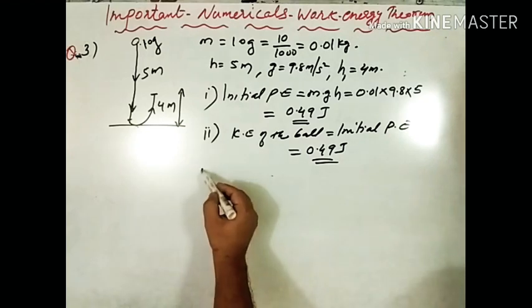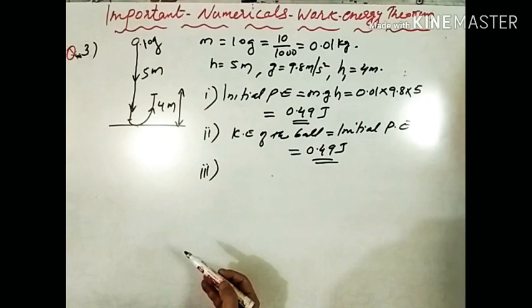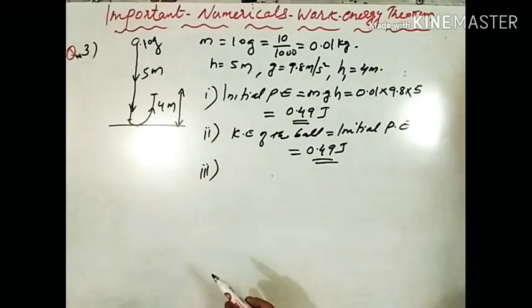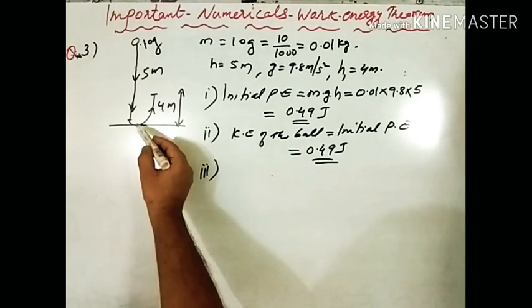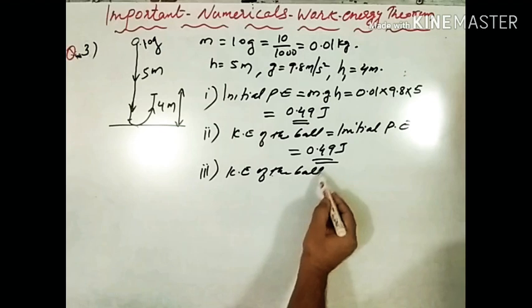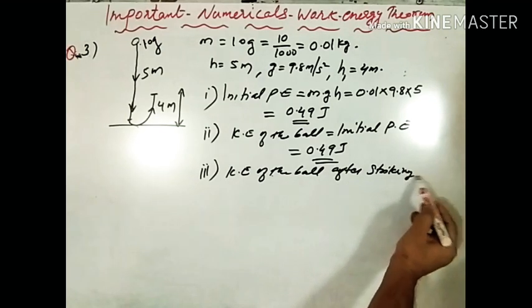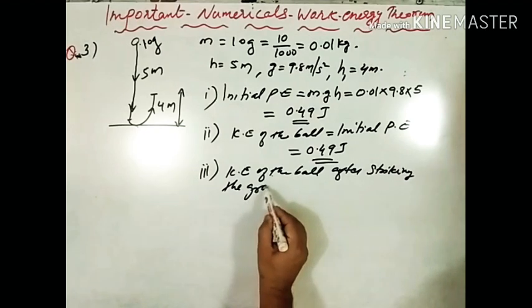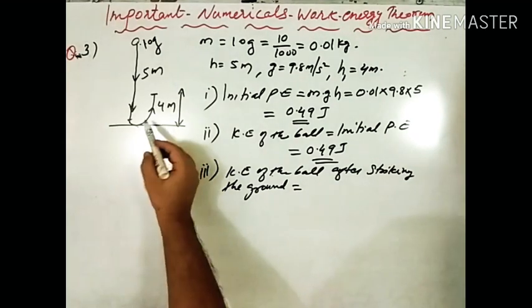The third part of the question, the kinetic energy of the ball after striking the ground. I can write KE of the ball after striking the ground will be equal to, how much?